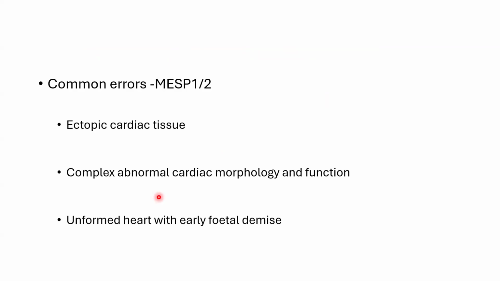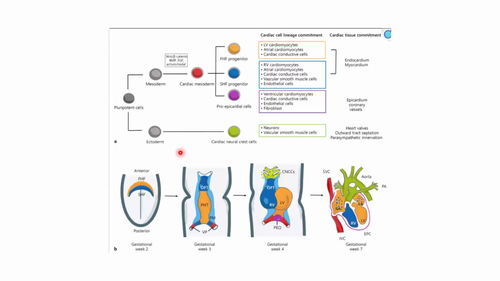Now, common errors that can happen in this mesodermal posterior site is that if you have excessive tissues being formed, then you have ectopic cardiac tissues, so you have the heart forming out of the main thoracic cavity. Or you can have a very complex abnormal cardiac morphology and function. So that, for instance, instead of the first heart field programming left ventricular myocytes, it may end up programming right ventricular myocytes.